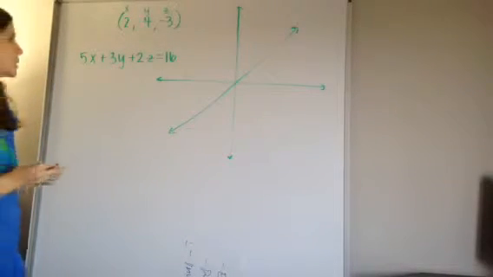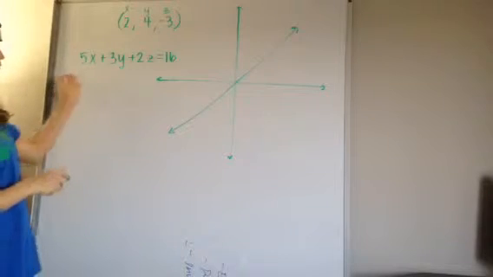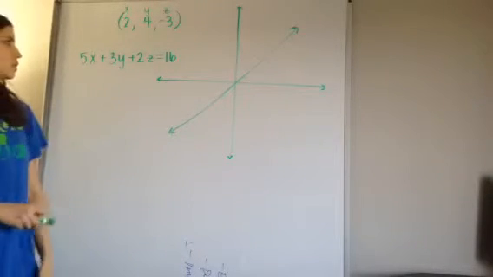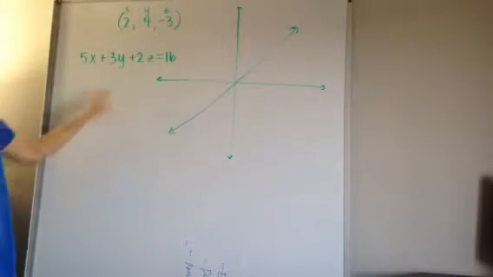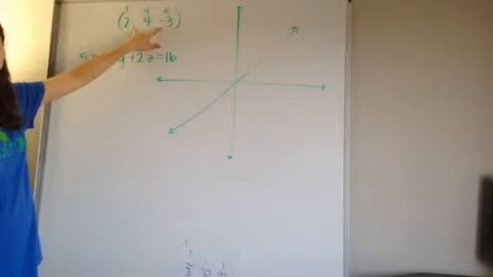Okay, sorry, I had to make that up really quick. So let's say that they give you this equation: 5x plus 3y plus 2z equals 16, and they tell you that this is the solution to it.